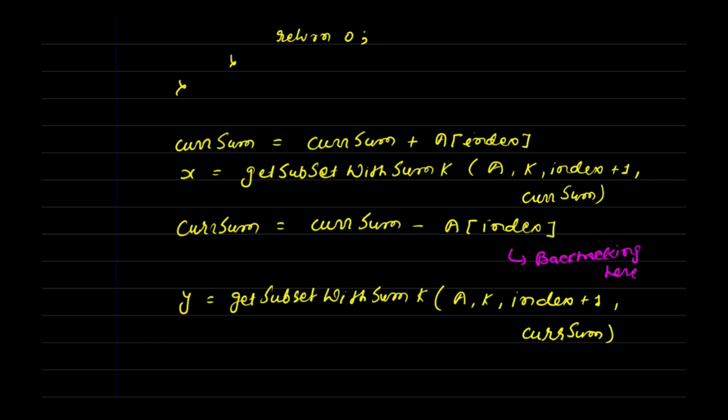Now at the last we will return the summation of both of these, x plus y. We are getting here some subsets with including the ith element and some with excluding it.